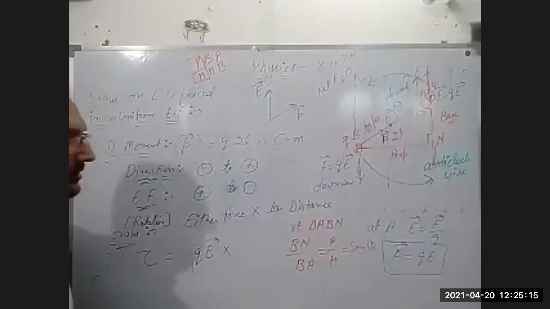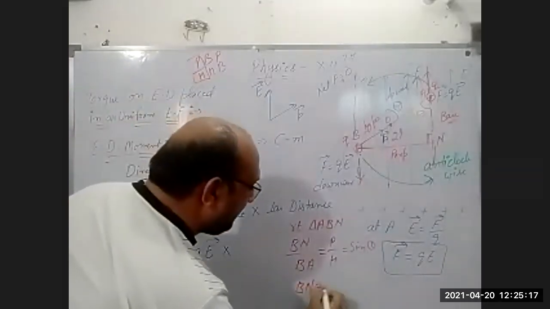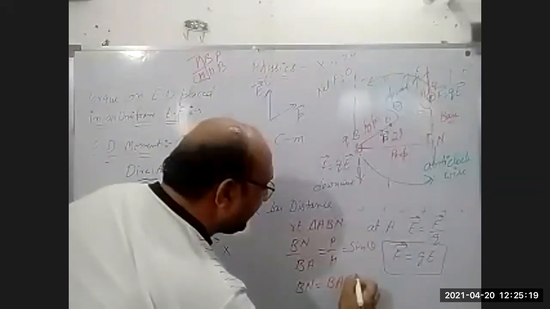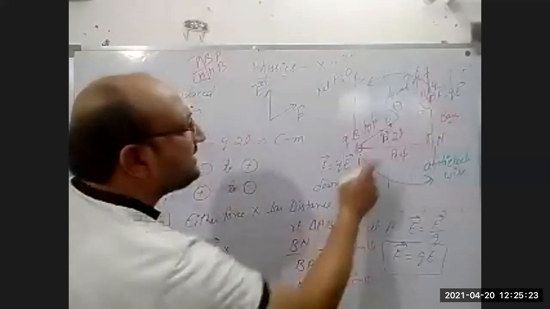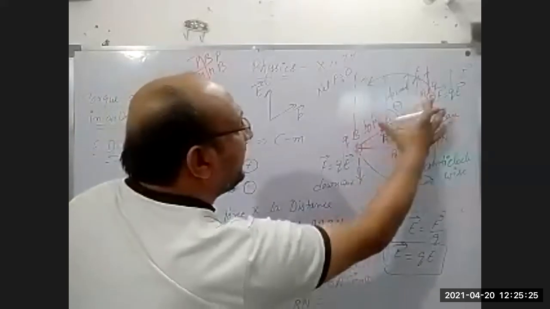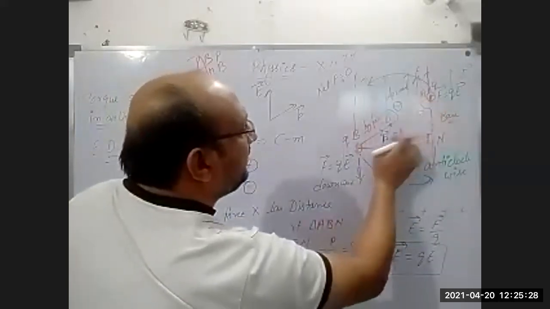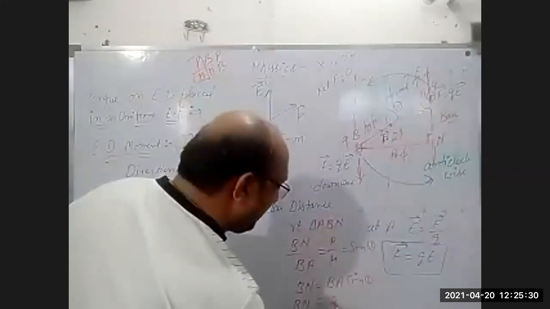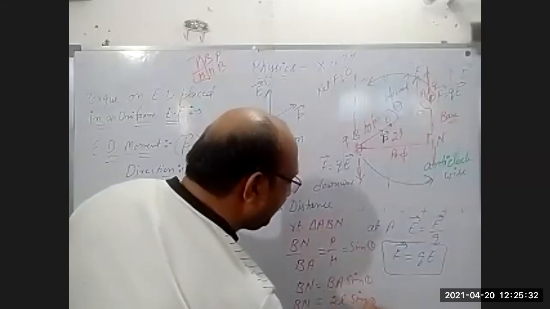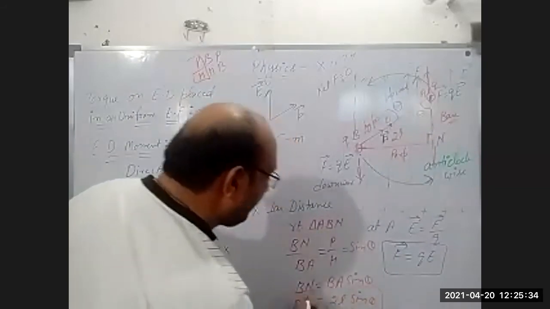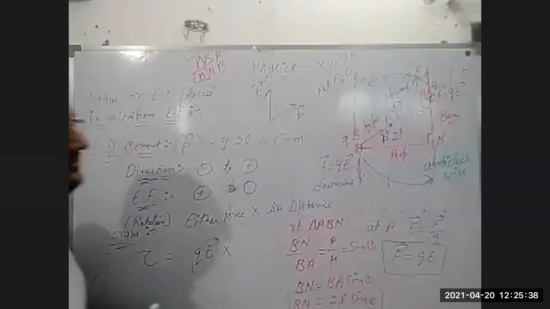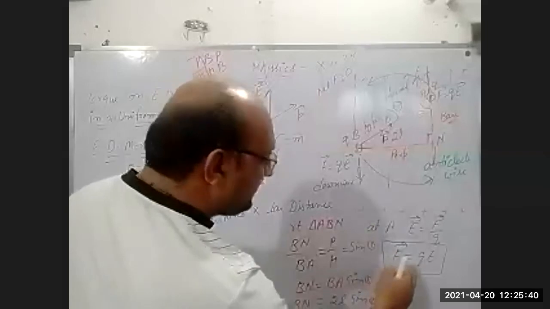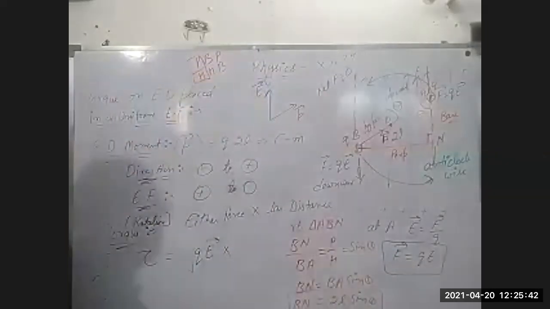So BN is equal to BA sin theta, and BA is 2L, the dipole length. In this way, the perpendicular distance between these forces is 2L sin theta. This one is the value for force, and this one is the value for perpendicular distance.